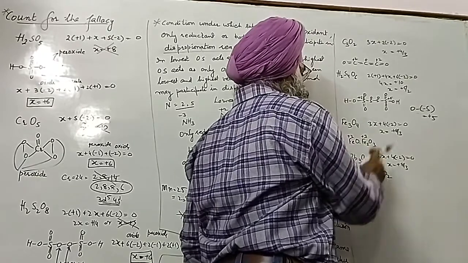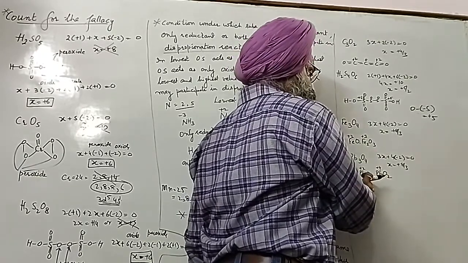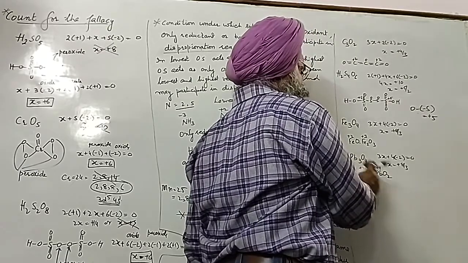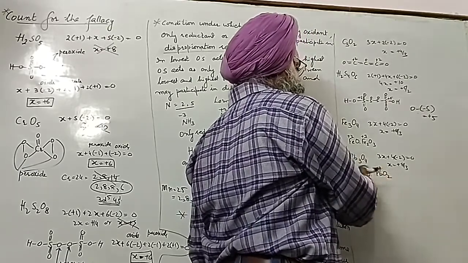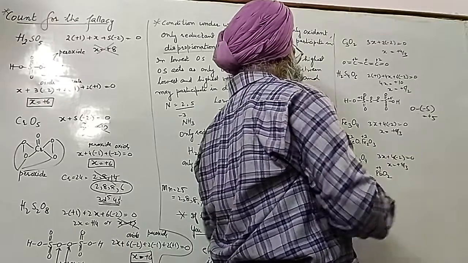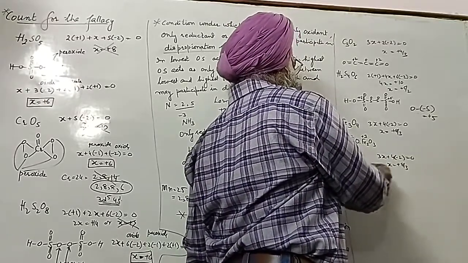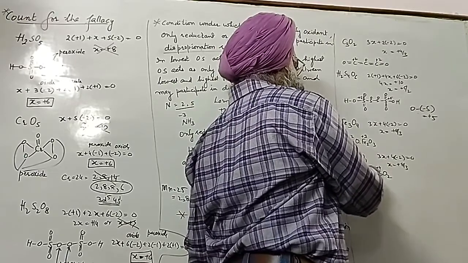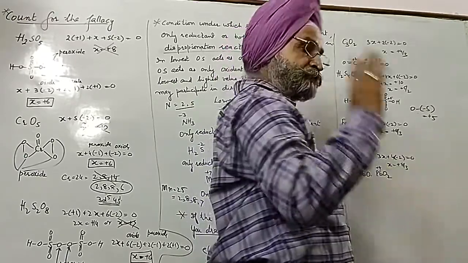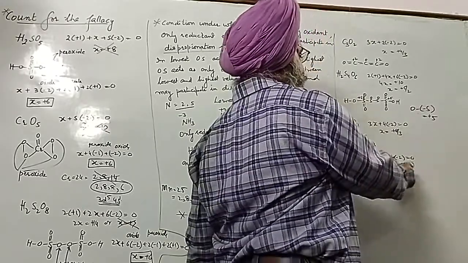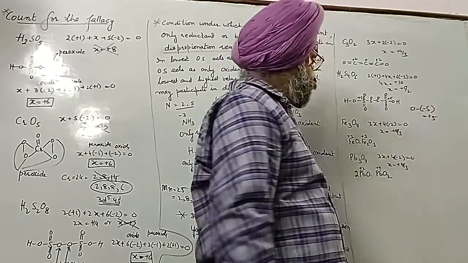Here is 1:1 ratio, here 2:1 ratio. So in this case the lead has +2 oxidation state, in this case +4 oxidation state, and total +2 into 2 plus 4 is +8, and it is distributed over 3 Pb atoms, and hence the average value comes out to +8 by 3.